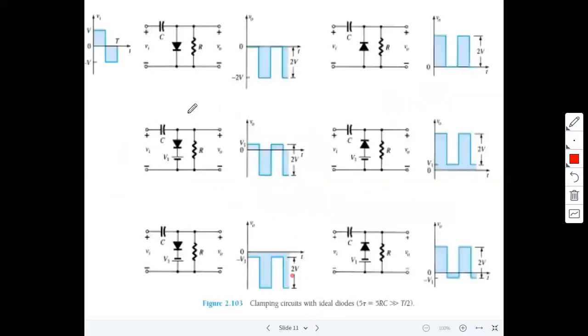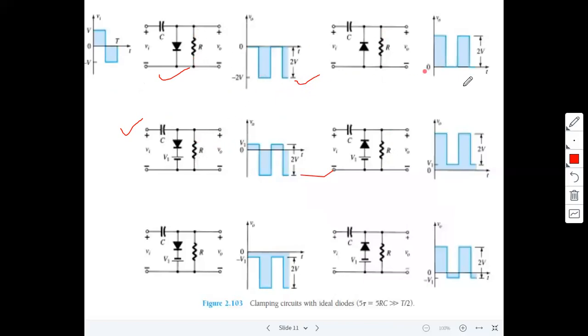These are all the different clamper circuits here, but the input signal is a square wave. I already explained this negative clamper, and the biased negative clamper was also explained with sine input. An important observation here is that there is a resistor at the output side.